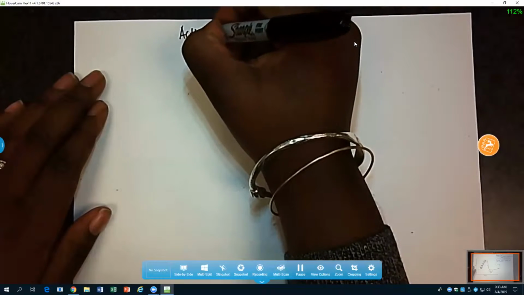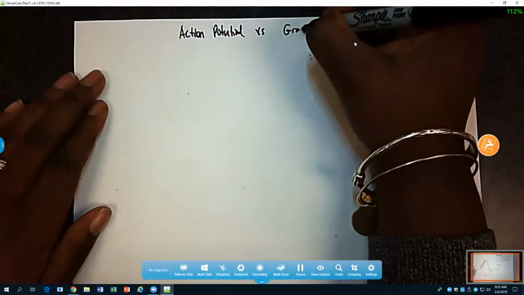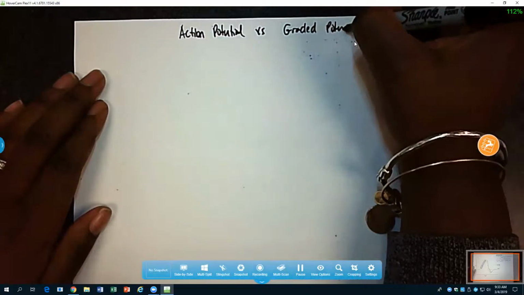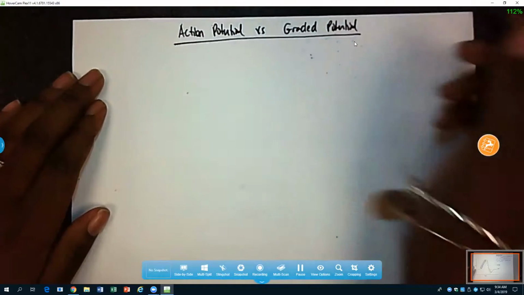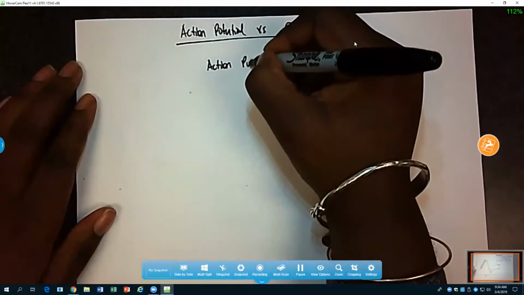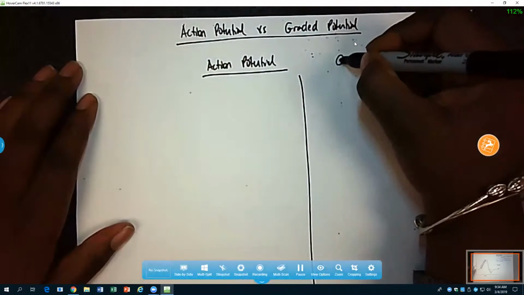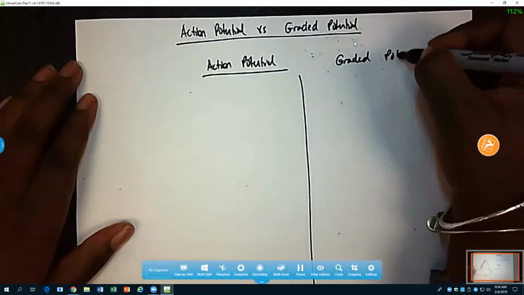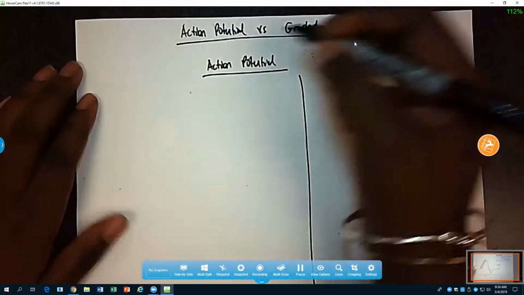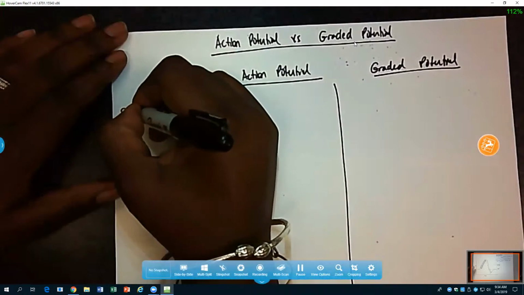The action potential versus the graded potential. Okay, let's talk about the strength of both of these.